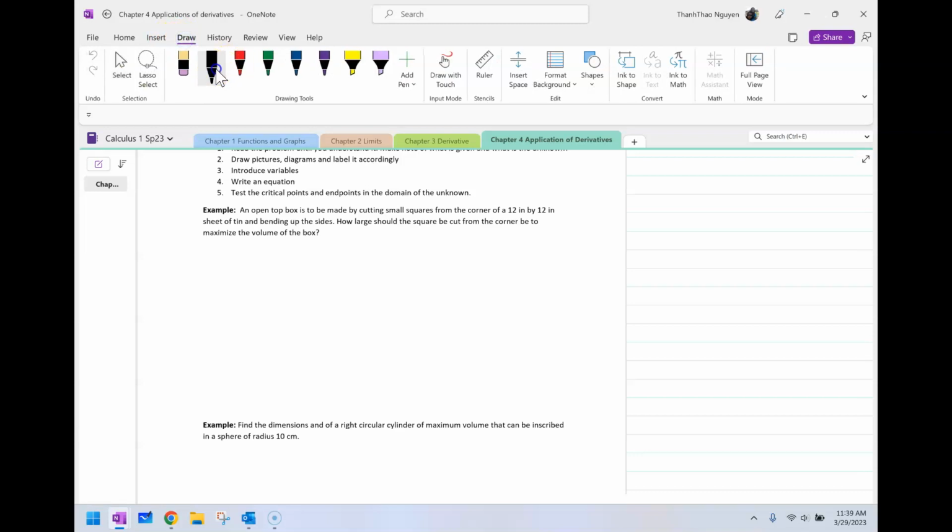Okay, so let's start with a picture. You have a sheet of tin, and that is the square, the 12 by 12. And then we cut the corners by squares.